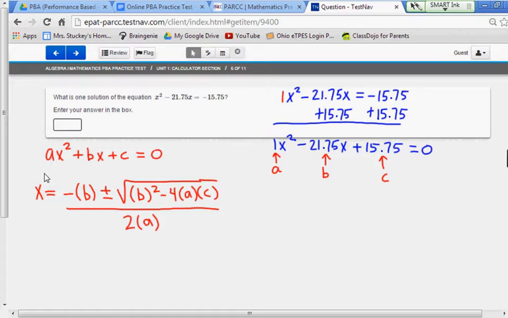So if I use this equation that I told you over here to the left, with those 3 values plugged in, I'm going to have this.